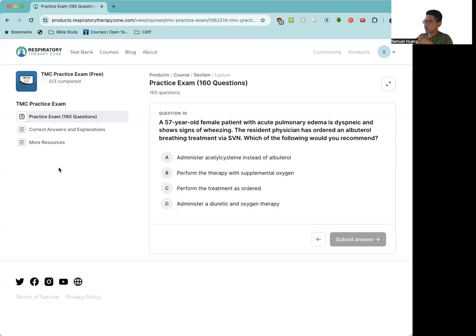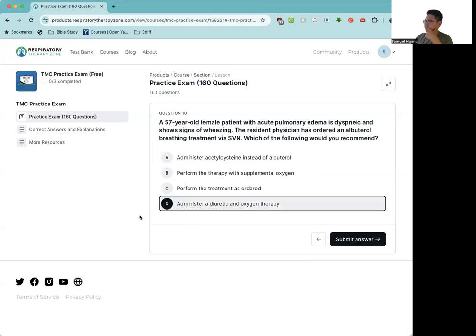So they ordered an albuterol treatment via a nebulizer. All right, so what do we do? As I said, get rid of the fluid in the lungs. That's the priority. So you would give something like Lasix and BiPAP. Okay, so that would be D.